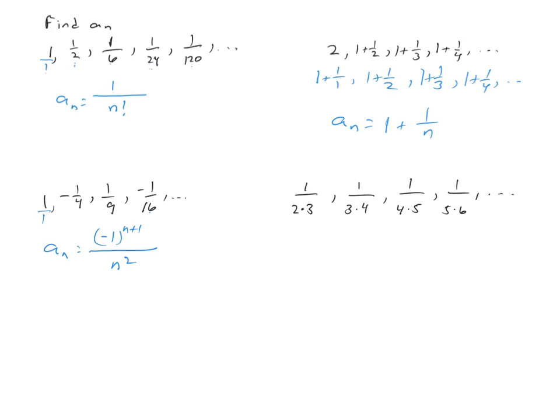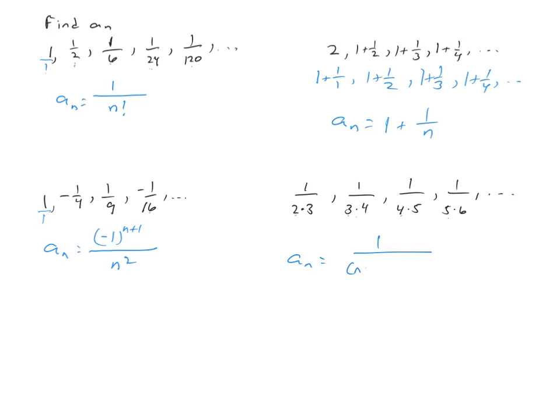And the last one here. In this one, you'll notice it's more a pattern in terms of how the denominators are being built. When n is 1, I get 2 times 3. On the second term, I have 3 times 4. On the third term, I get 4 times 5. And in the fourth term, I get 5 times 6, and so forth. So I can say a sub n is going to be 1 over, but now 2 is 1 plus 1, 3 is 2 plus 1, 4 is 3 plus 1, and 5 is 4 plus 1.